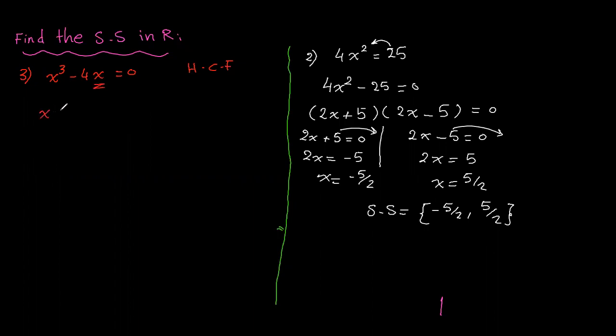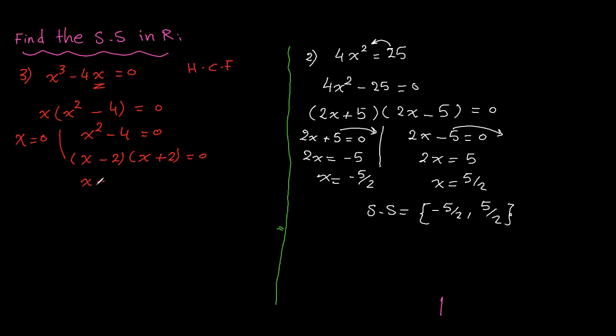So we take x as a common factor: x(x^2 - 4) = 0. So x = 0 and x^2 - 4 = 0. This is the difference between two squares: (x - 2)(x + 2) = 0.